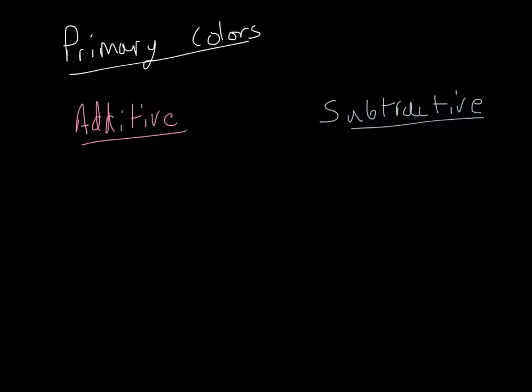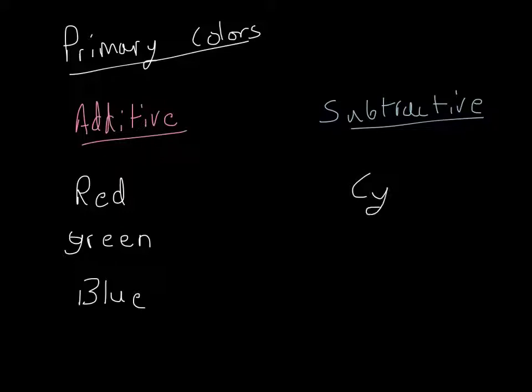Now we know the difference between additive and subtractive, we need to think about the primary colors of each. For additive, the primary colors are red, green, and blue. Those are the primary additive colors. For subtractive, it's a little bit different. We've got cyan, yellow, and magenta.